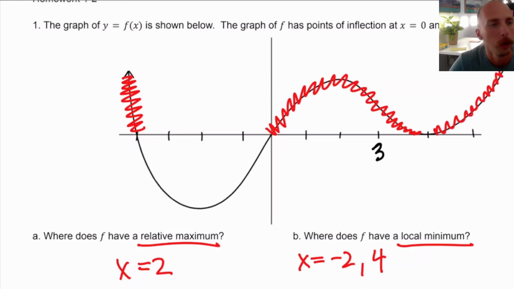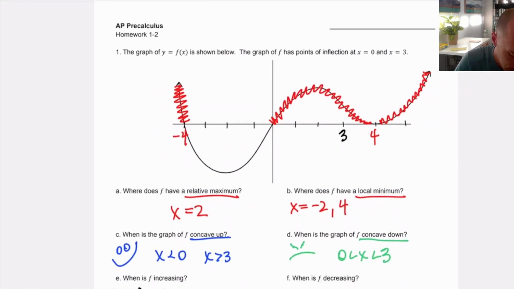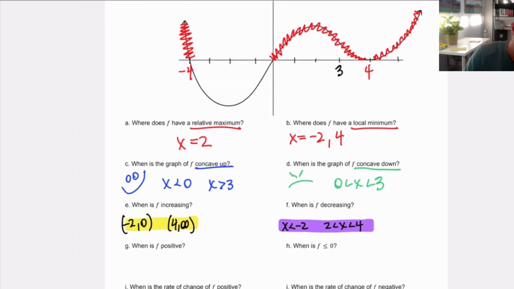All right, so that's going to be where x is less than -4, between 0 and 4, and then when x is greater than 4. So let's see. Yeah, f is positive when x is less than -4, 0 to 4 but not including 4, because at x equals 4 it looks like f is equal to 0, and that's not positive.